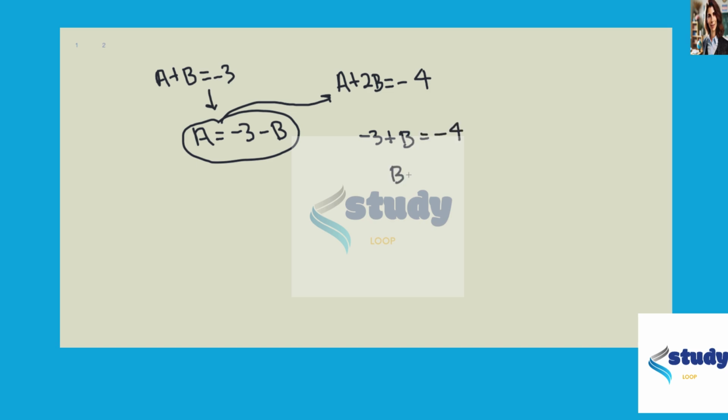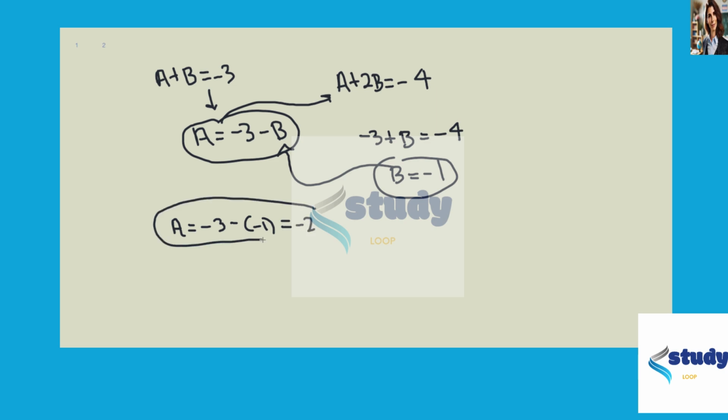Then solve that for B. Once we do that, plug B back into this equation and solve for A. So we have minus 3, but then we're going to have minus negative 1. So that's A equals minus 2. So now we finally have our coefficients for the partial fraction decomposition.